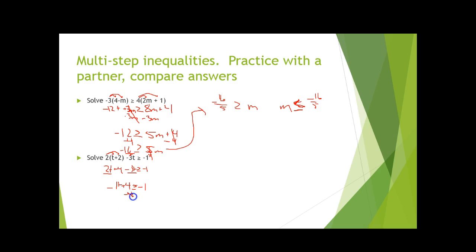Subtract 4 from both sides. Negative 1t is greater than or equal to negative 5. So t is less than or equal to 5, because I would be dividing by negative 1 on both sides. When you divide or multiply by a negative, you flip the inequality. T is less than or equal to 5.